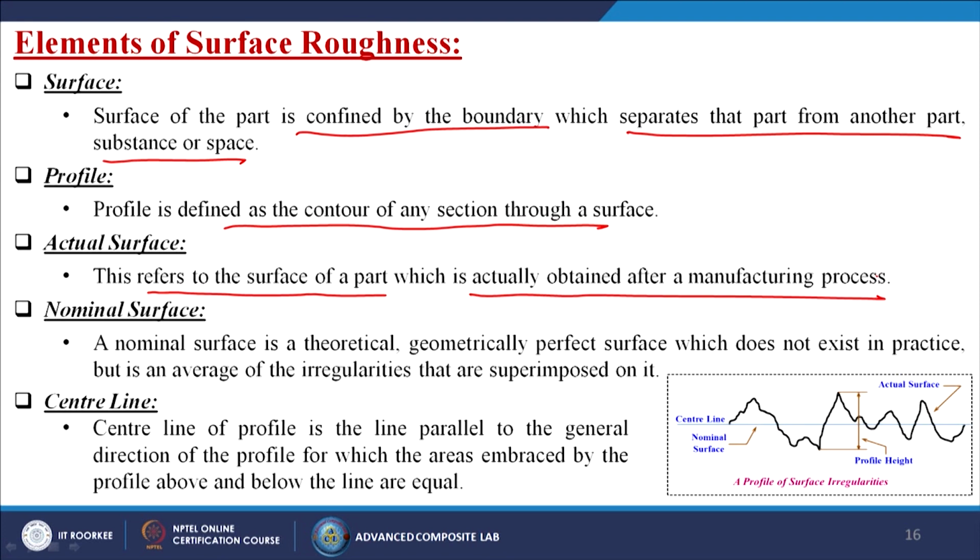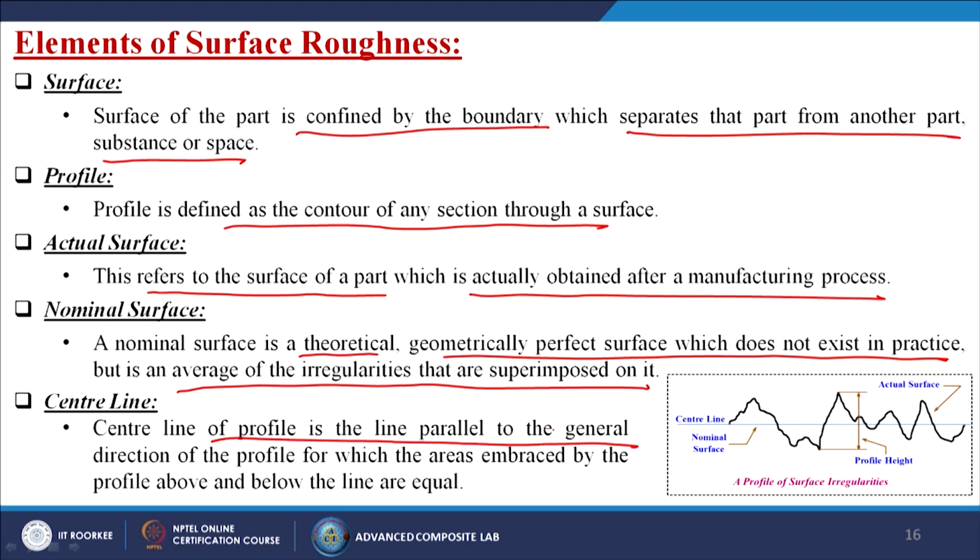Nominal surface is a theoretical, geometrically perfect surface which does not exist in practice, but is the average of the irregularities that are superimposed on it. Center line of the profile is the line parallel to the general direction of the profile for which the areas embraced by the profile above and below the line are equal. So, it is almost the center; top and bottom are both at almost equal height.